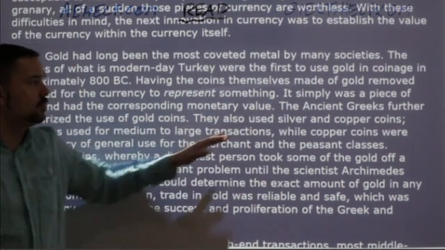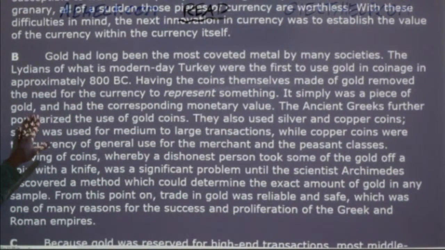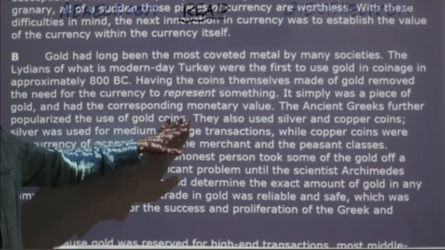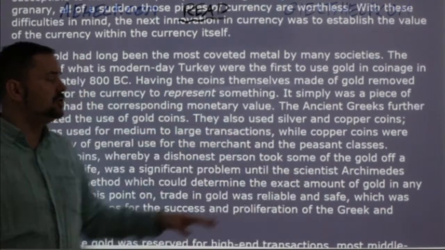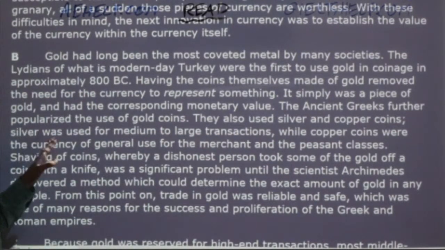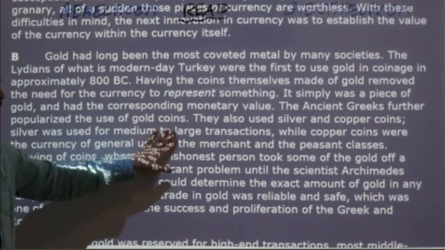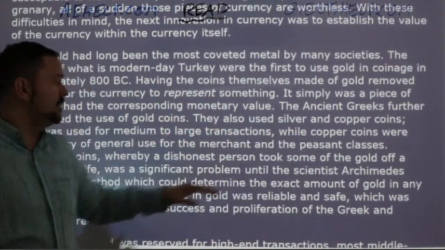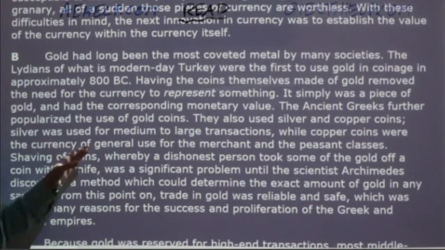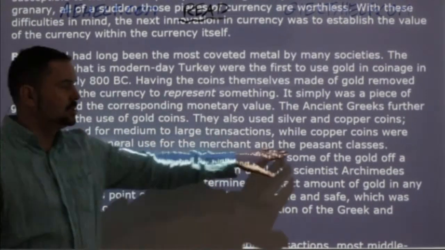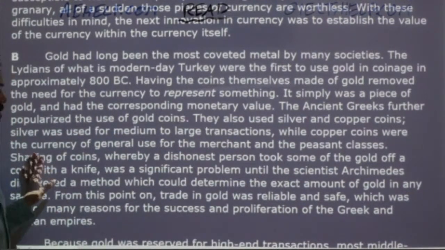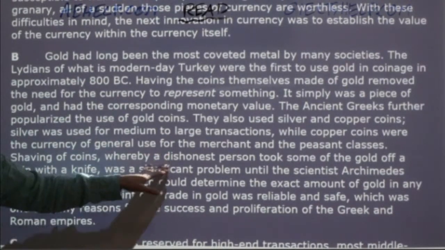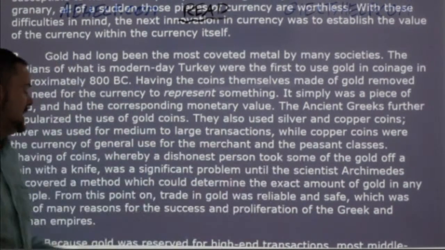It simply was a piece of gold and had the corresponding monetary value. The ancient Greeks further popularized the use of gold coins. They also used silver and copper coins. Silver was used for medium to large transactions, while copper coins were the currency of general use for the merchant and the peasant classes.